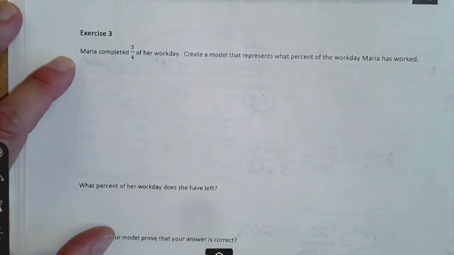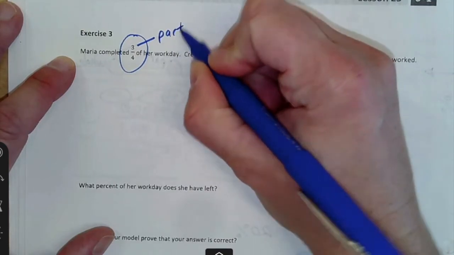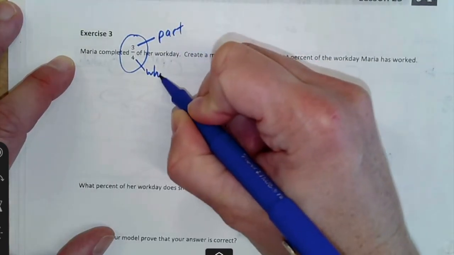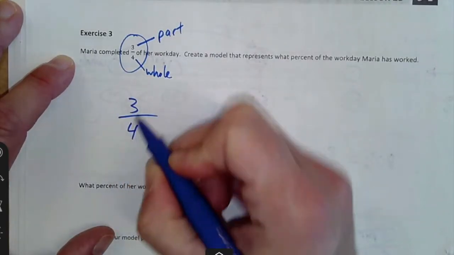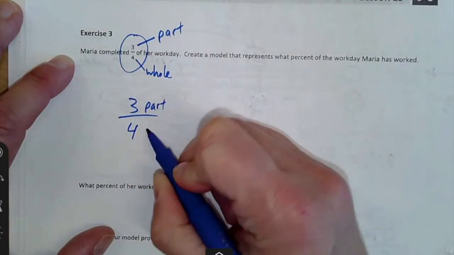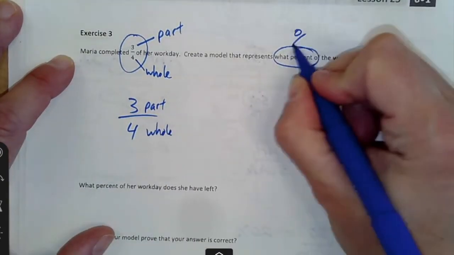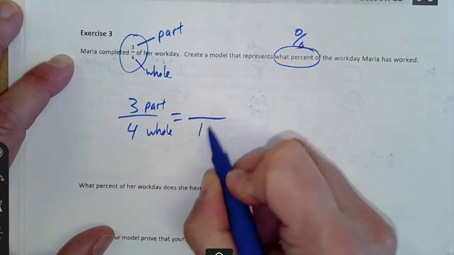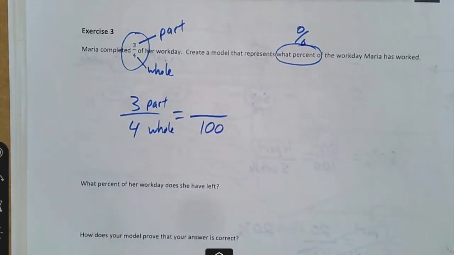So 3/4 of her workday. 3 would be the part, and 4 would be the whole amount. So if I write that as a fraction, 3 out of 4, part out of whole. What percent is that? Remember, percents are always out of 100. So if we set it up out of 100, some people know what 3/4 is as a percent.